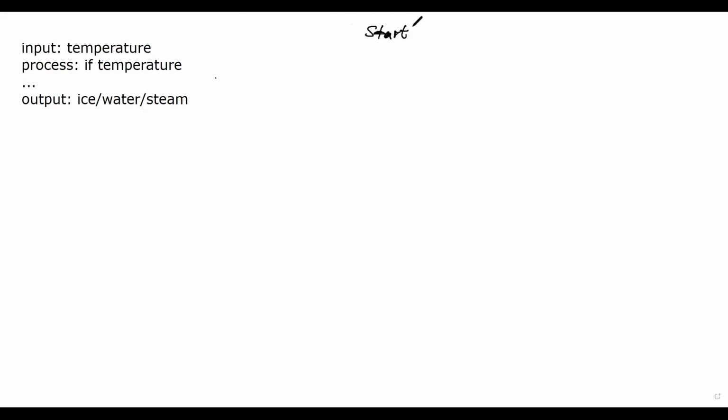When I say start, we know that we have to use this shape. Something is wrong in my drawing. Let's see if I can change it. And then that's the starting point.